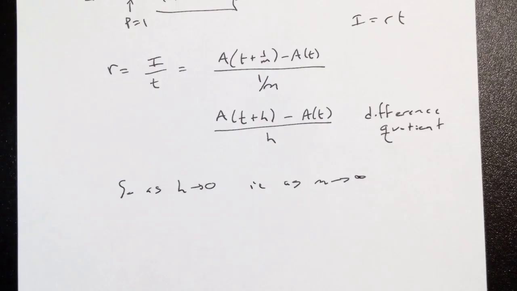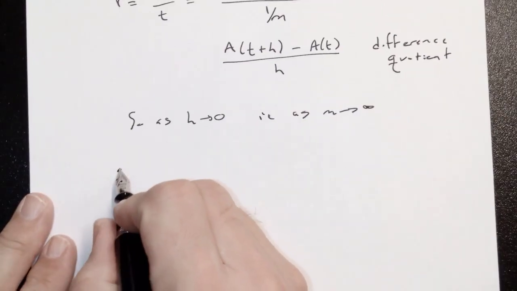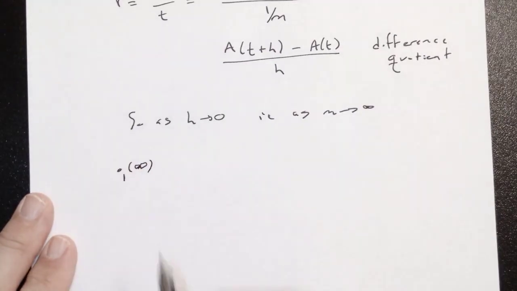And letting h go to 0 would be the same as letting m go to infinity, which means I'd be computing my interest faster and faster over shorter and shorter periods of time. This is going to give me a derivative. We're actually going to label this as our interest rate compounded infinitely often.